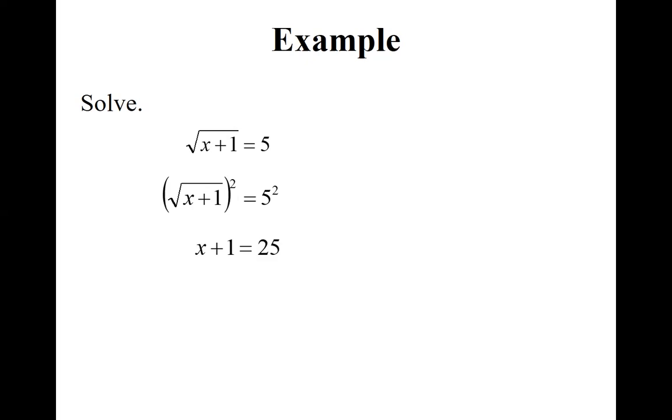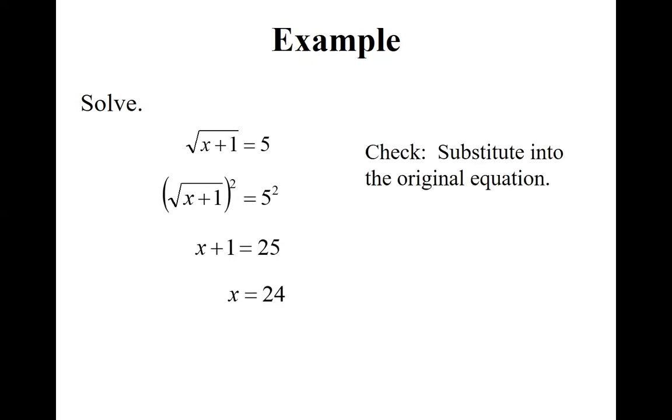Now subtract 1 from both sides, we get x equals 24. Check in the original equation. 24 plus 1 is 25. The positive square root of 25 is positive 5. It is true. Our answer checks.